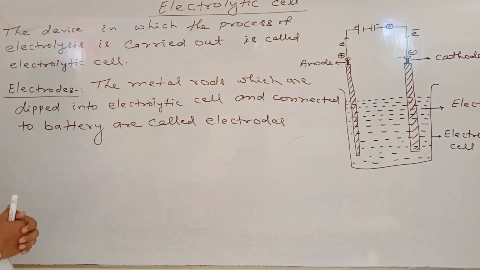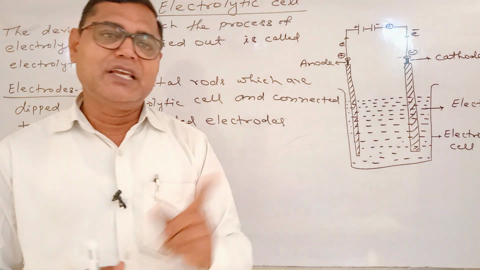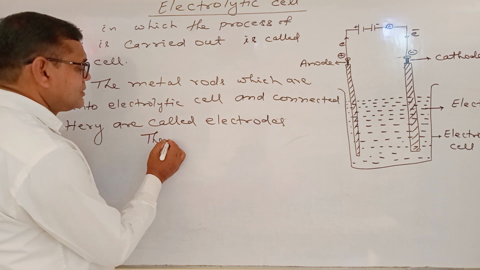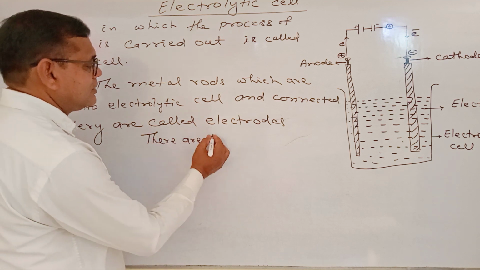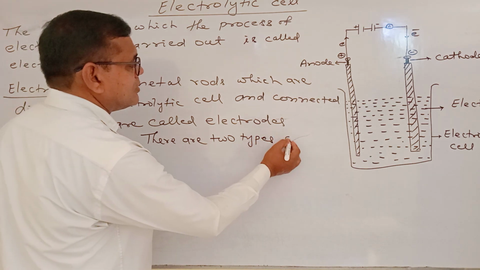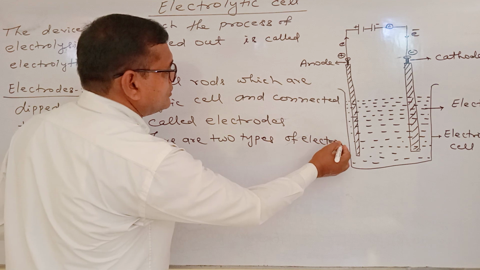We explain there are two types of electrodes. Here we write: there are two types of electrodes.